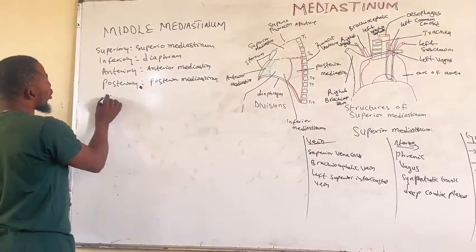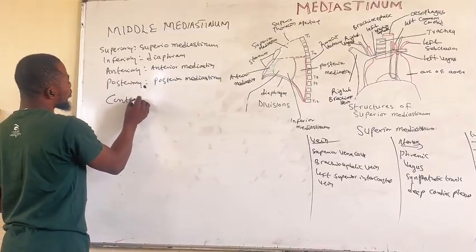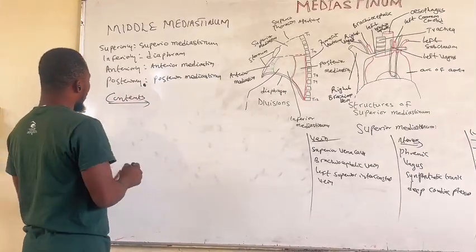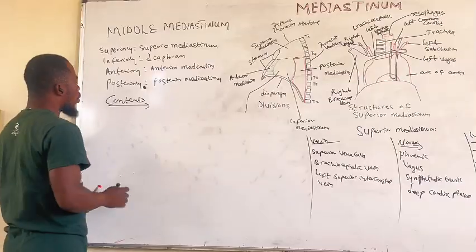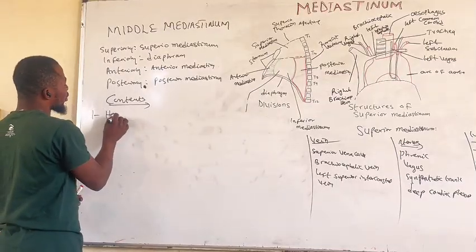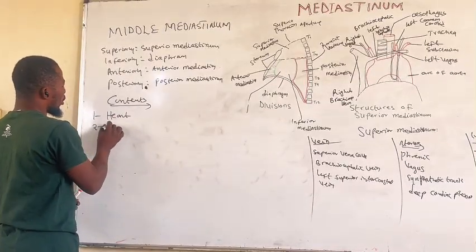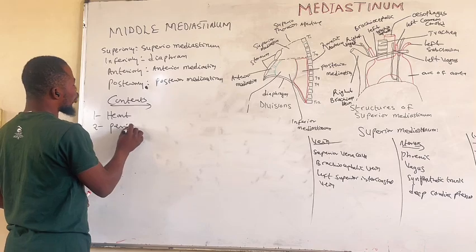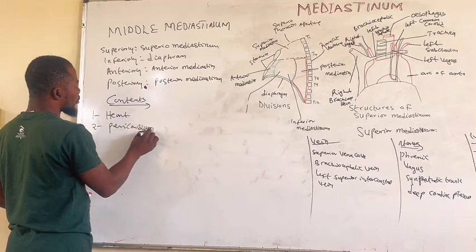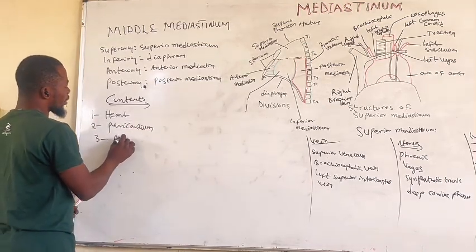Now to the content of the middle mediastinum. The contents of the middle mediastinum are: there is the heart, the pericardium, and arteries.